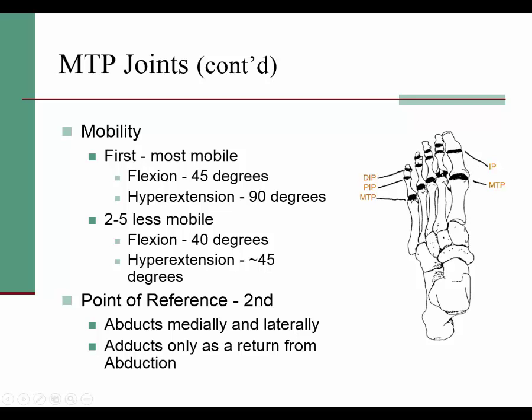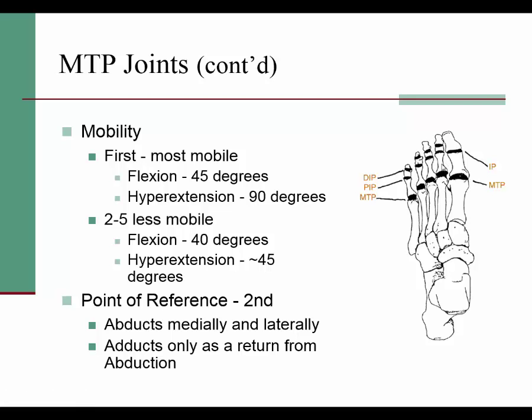You can abduct medially and laterally. You can adduct only as a return from abduction. And the reason we choose the second toe as the reference point is because there's no midline for this particular joint to pass.